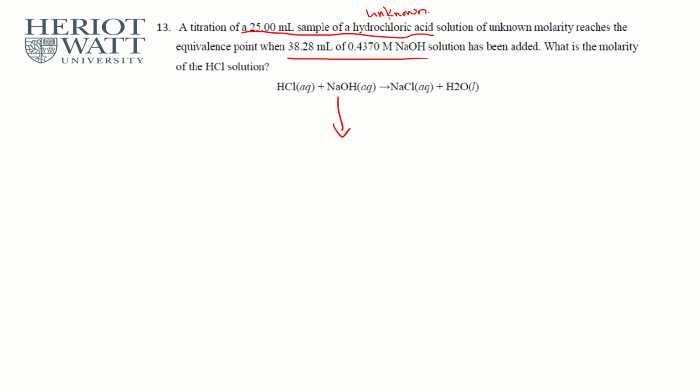NaOH added is 0.437 times 38.28. What is the mole of NaOH used over 1000? MV over 1000, basically. 0.437 times 38.28. Alright, you get 16.7 over 1000.